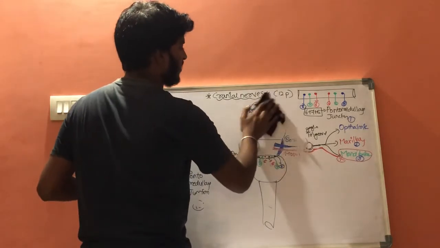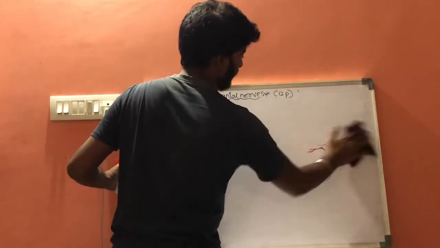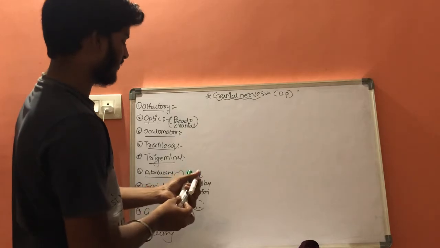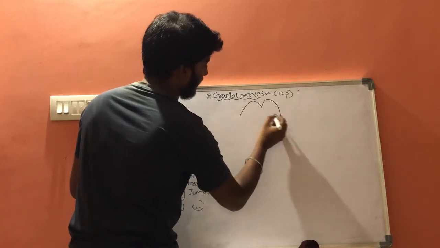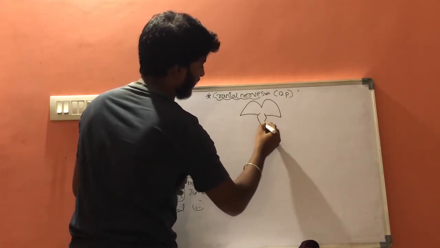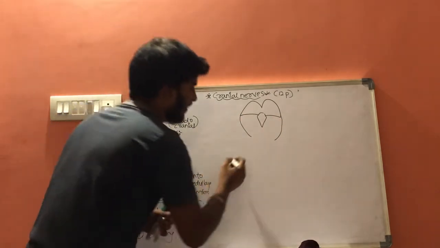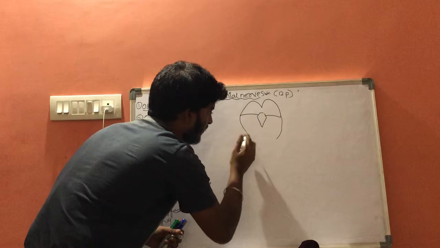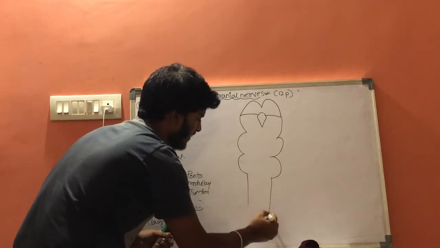Now let us draw one more diagram. Let us consider this is the midbrain, and this is pons, medulla and spinal cord.